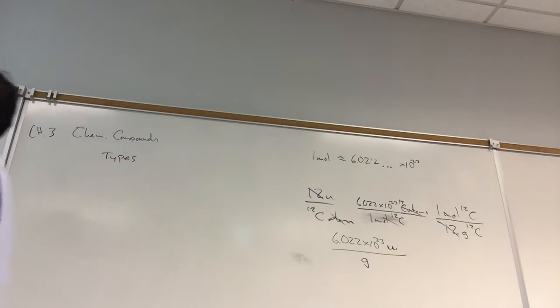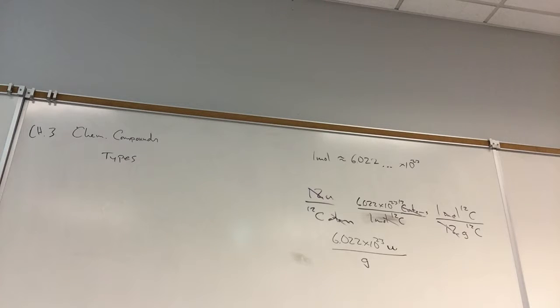Usually the types of compounds are categorized by the type of bonds they have, different kinds of bonds, and structure. Not just bonds, but also structure. Because what kinds of bonds do we have? We have ionic, covalent, metallic bonds.